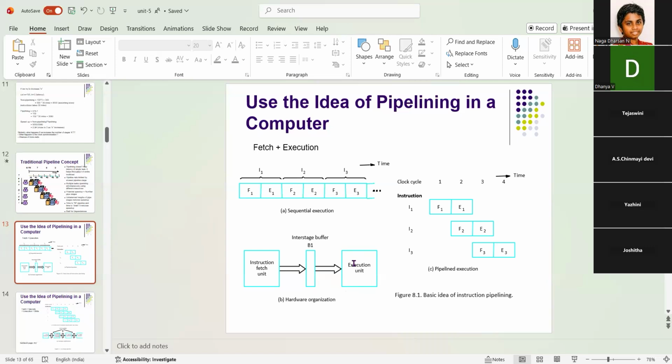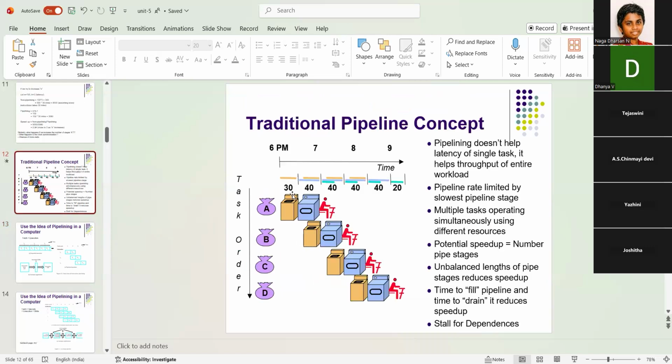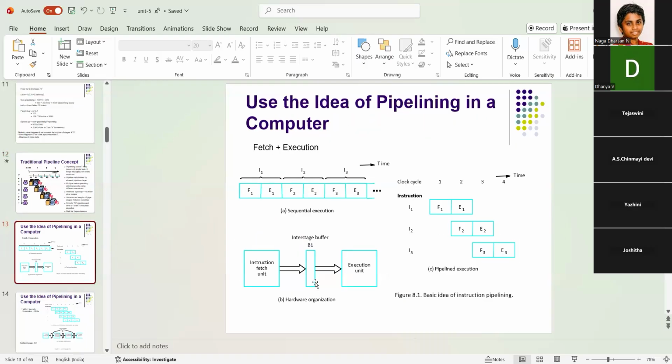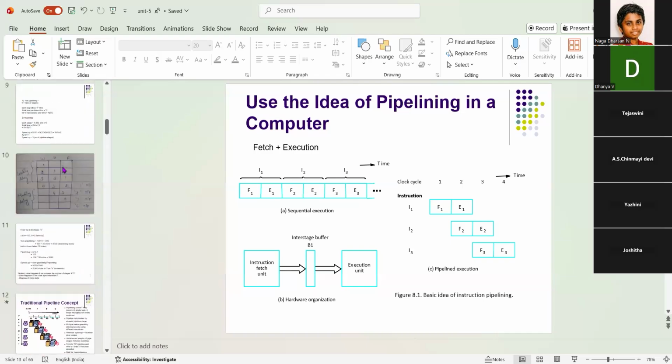Then only it can be transferred to this. So that was our 30-40 example. In that case, we can have something called a buffer, so that you just transfer that data and then wait for some time until this gets over. So this is the hardware that is essentially needed over here.